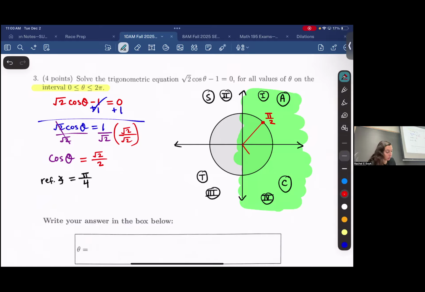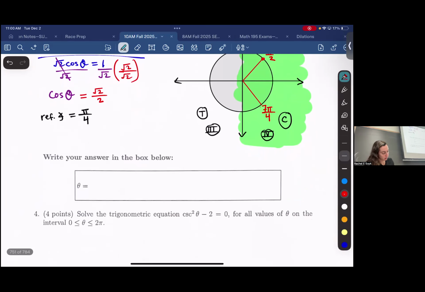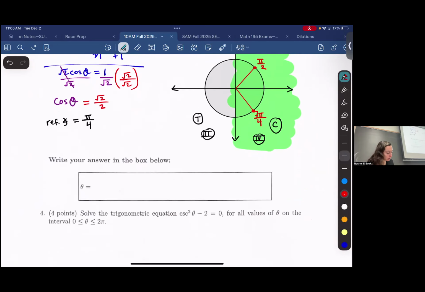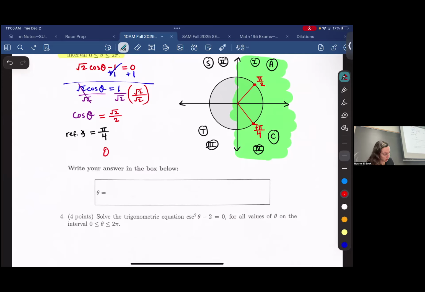In that fourth quadrant, what do we have? Not 3 pi over 4. 7 pi over 4. And those are our only two solutions. So theta equals pi over 4 and 7 pi over 4.